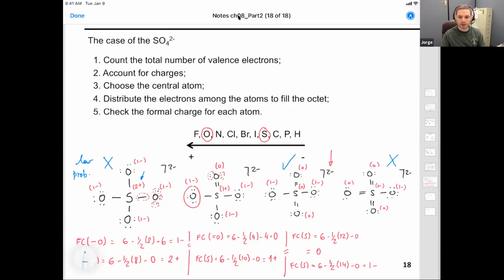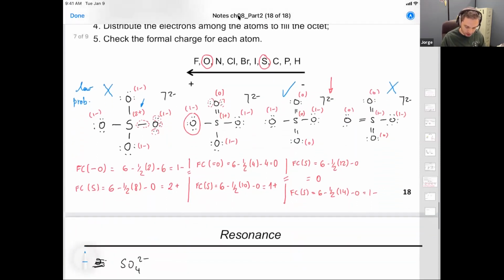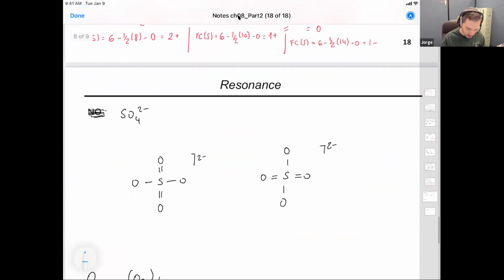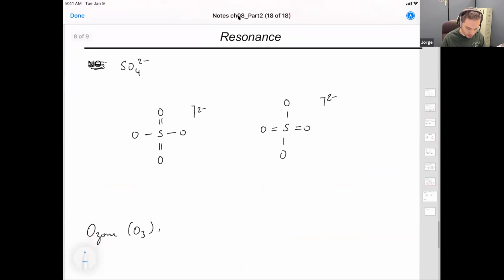Okay, so now let's analyze one more thing regarding the sulfate ion. And with that, I would like to introduce the concept of resonance. When you draw the structure of the sulfate, you have two double bonds and two single bonds. So there are two ways to draw the structure of this ion.